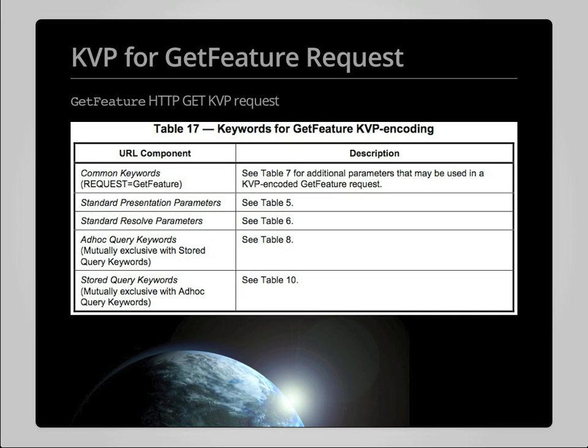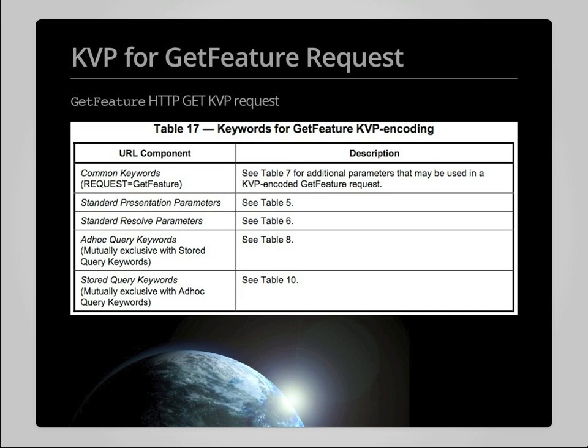So what we see here is essentially the pointers to the set of keywords that you would use in your keyword value pairs for an HTTP GET request to a web feature service, where you can see that these key value pairs fall into essentially 5 categories.